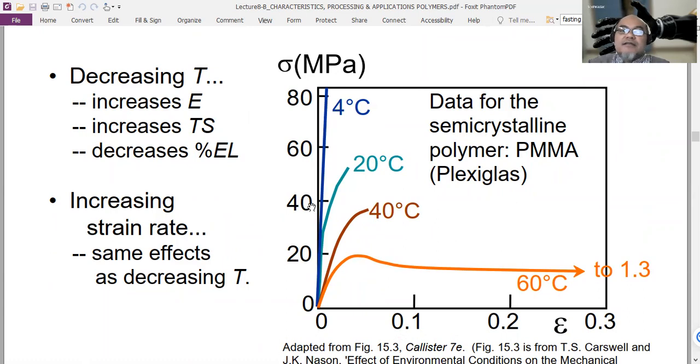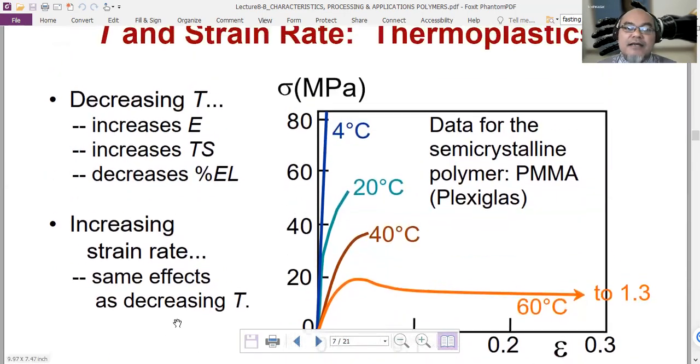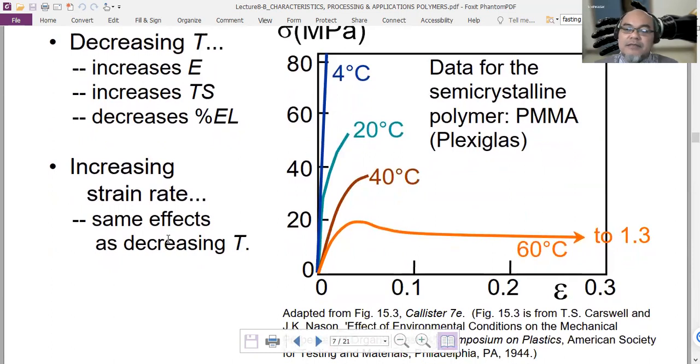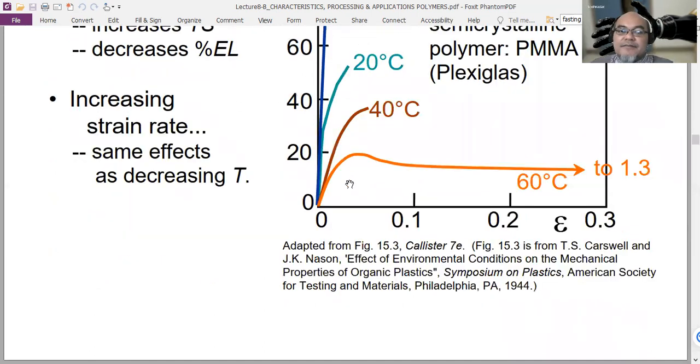When you increase the temperature, however, they become softer material with a lower Young's modulus and even more ductile. By increasing the strain rate, by doing stretching, similar to drawing in the previous slide, it will have the same effects as decreasing the temperature.